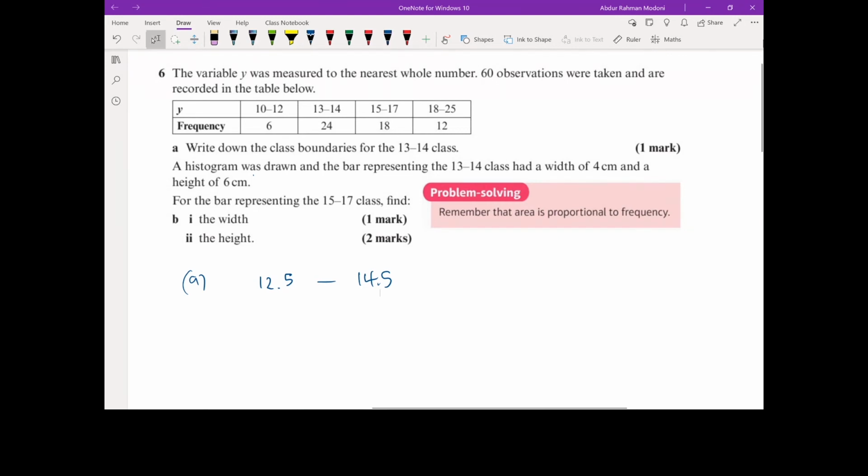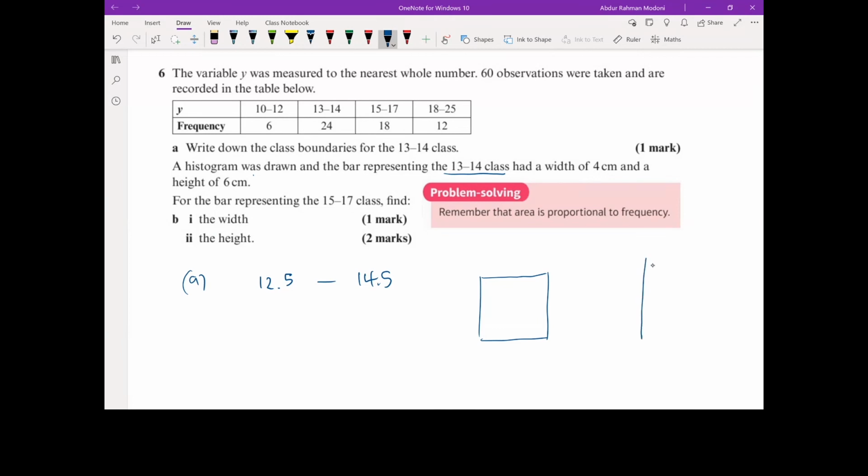So what we'll do here is draw a bar first of all, just a random bar for the information given. First of all, let's look at the width of this bar. They tell us that the histogram was drawn and the bar representing 13 to 14 had a width of 4 centimeters and a height of 6 centimeters.